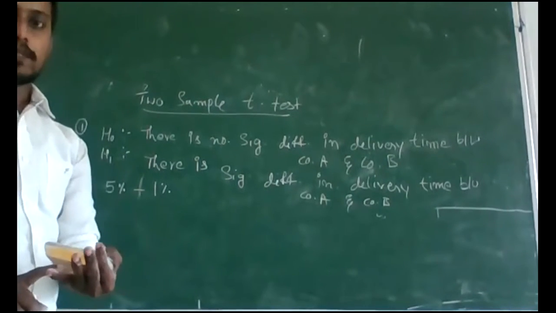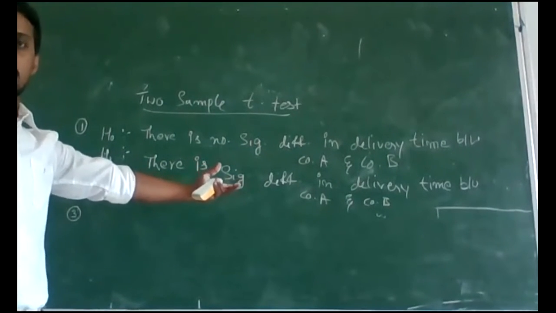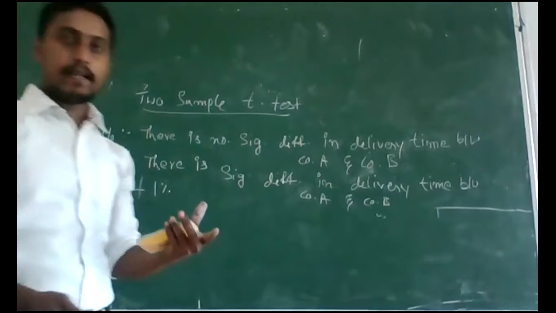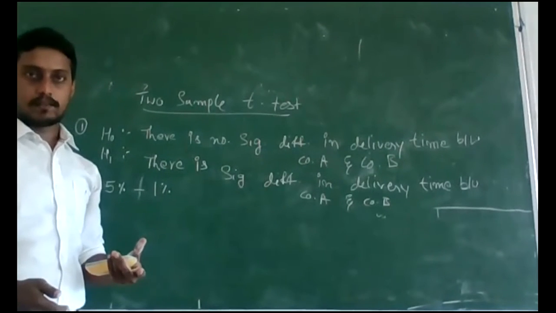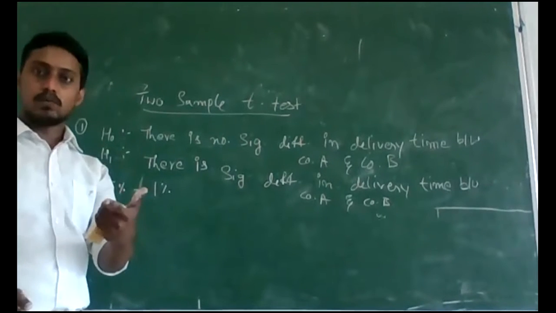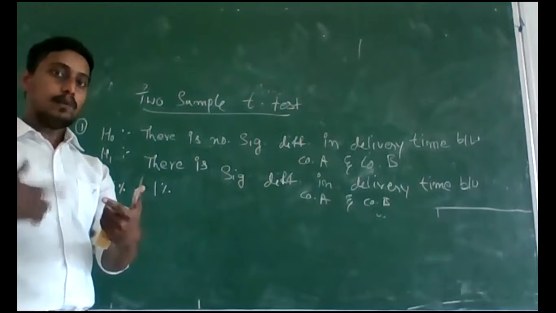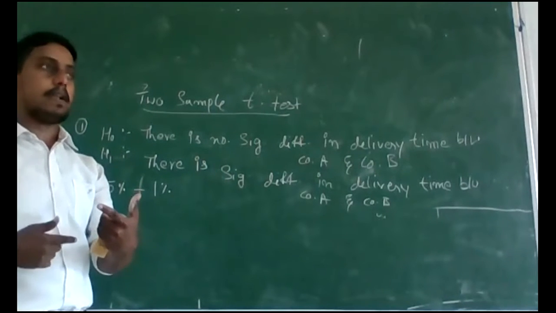While looking into the hypothesis, we can say we require a t-test. The next step is, among the t-tests, which one we have to choose. There are two samples, so it comes to a two sample t-test. In a two sample t-test, we have to select whether it is dependent or independent.